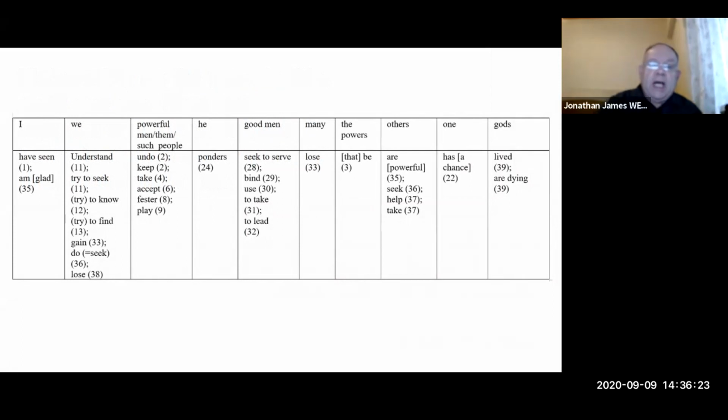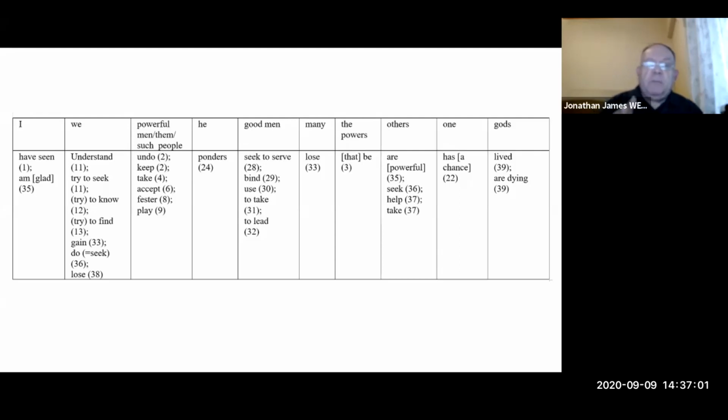Now, I broke down the different participants in the poem. What do you see? I, the first person: see, glad, not doing, right? And we, what about we? Well, again, it's understand, seek, know, find. Again, it's more mental. It's not really engaged in doing; the only one that we find is where it is substituted do, is seeking versus losing.